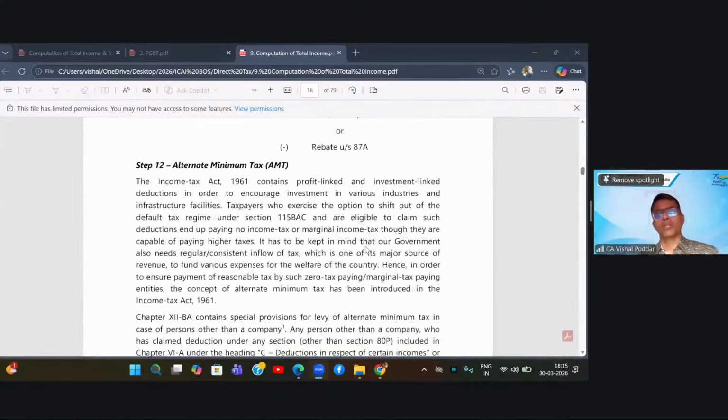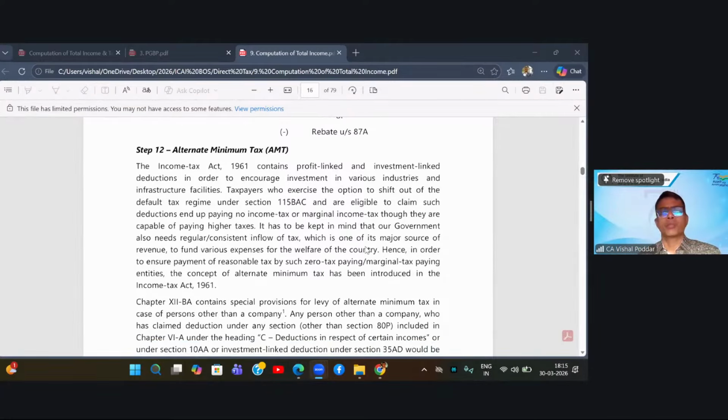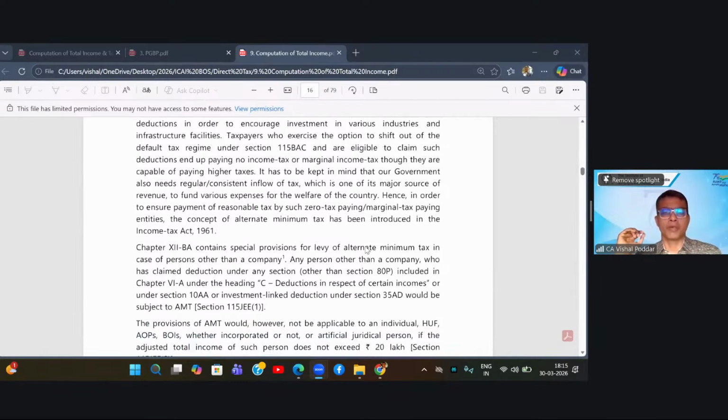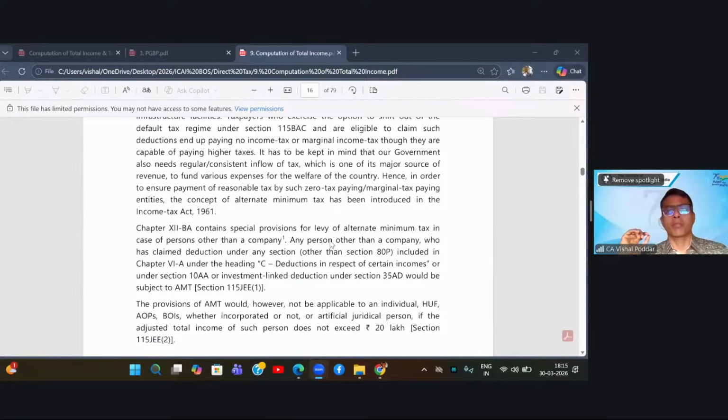Plus, under the old regime, you have minimum alternate tax also. Now, this minimum alternate tax, one is MAT for companies, which is not in our syllabus. And for persons other than companies, you have AMT, which is alternate minimum tax. Now, alternate minimum tax applies wherever you are a person other than a company and you claim deductions, which include deduction under 10AA, which is for SEZ units, or 35AD, which is for some specified businesses.